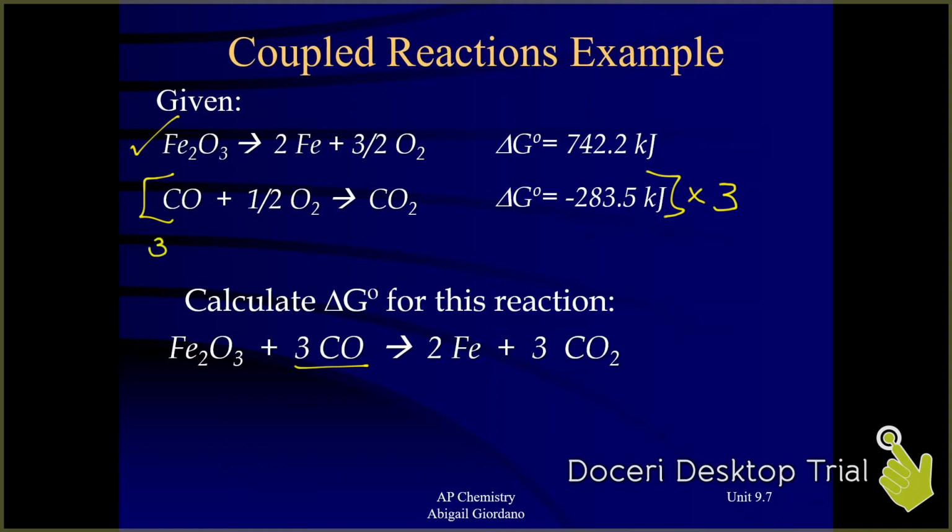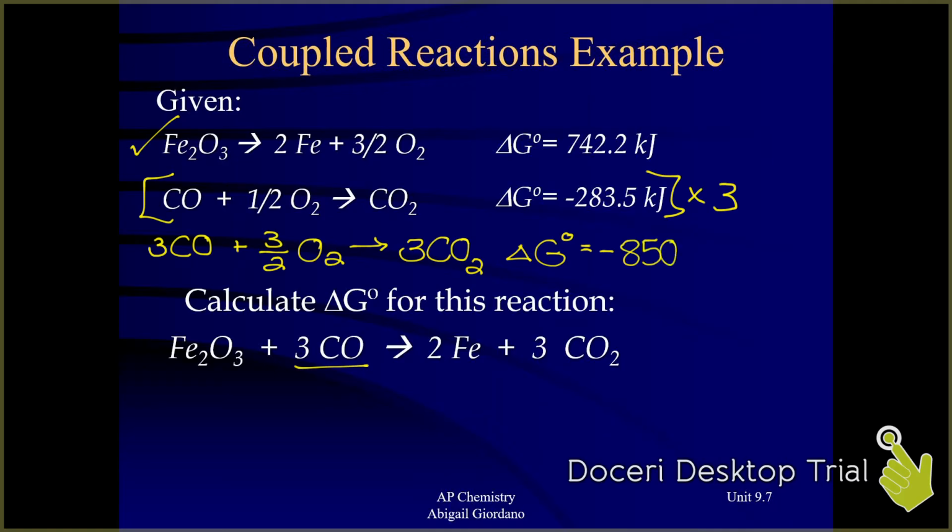So I'm going to rewrite that second equation multiplied by 3 now. Its new delta G value is negative 850.5 kilojoules. I'm going to scribble out the old one so we don't get confused.